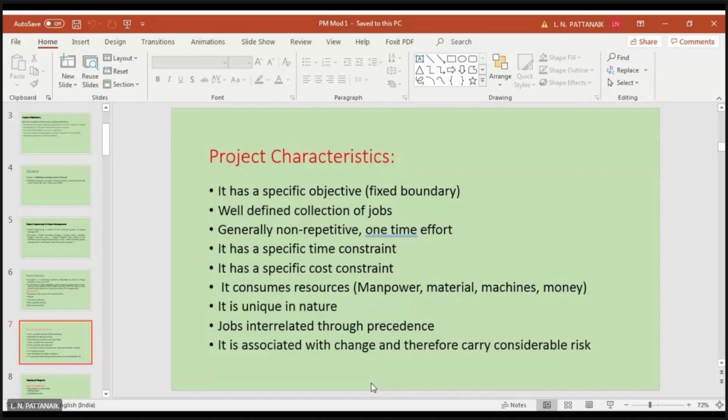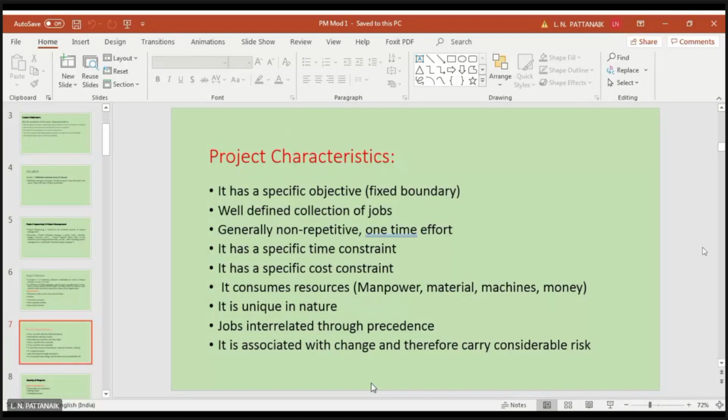Well-defined collection of jobs. To fulfill that particular objective, if we break down all the deliverables of that project, you will find that it consists of some collection of jobs. For example, if building a house is a project and we break it down, you'll find digging the foundation is one activity or one job.